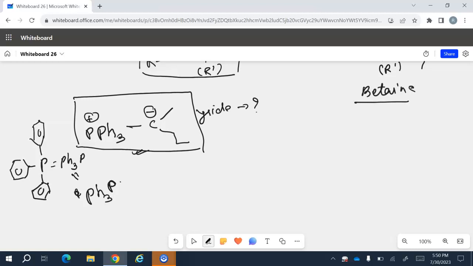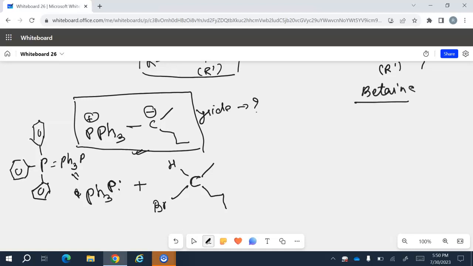Now you know that phosphorus will possess a lone pair of electrons. This then will react with carbon, with one methyl and the other propyl group, and you have to have one hydrogen, and some halogen. Say you can use bromine or chlorine or iodine as a leaving group. So this is the component that you need.